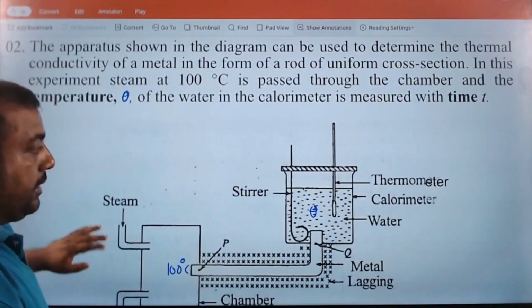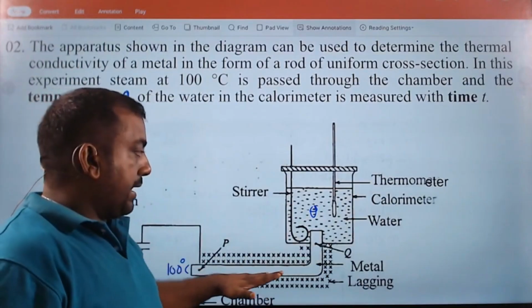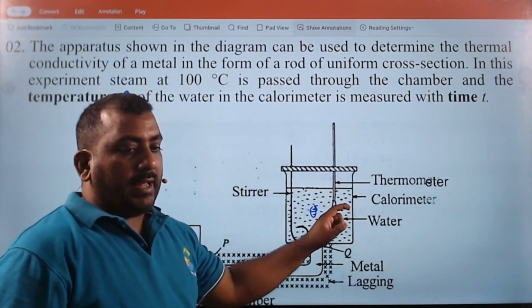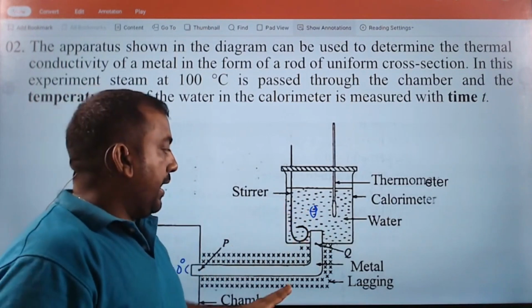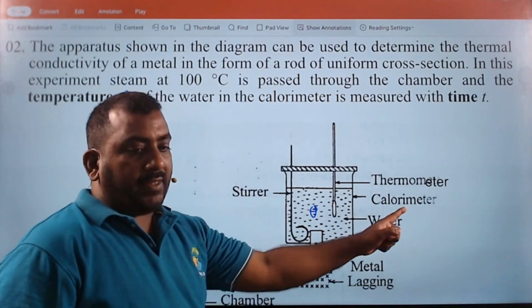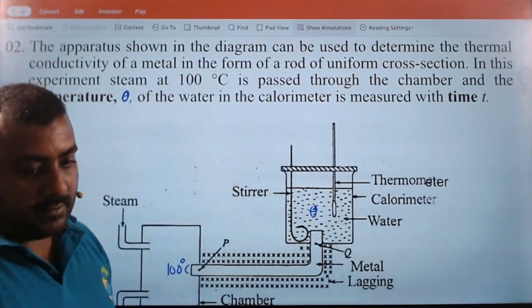Look at this carefully. It's not insulated. That means the rate in which heat is conducted and the rate in which heat is lost will become what? Same. So the rate in which heat is conducted and the rate in which heat is lost become equal. So temperature becomes constant.